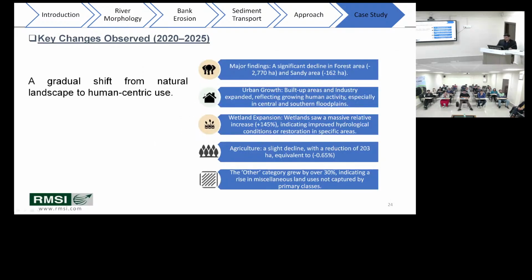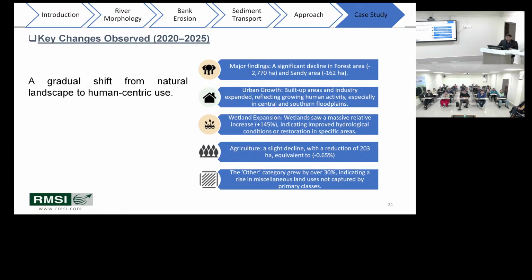Coming to the key observations from the previous tables, we found that there was a significant decline in forest area and sandy area, and urban growth like built-up area, industrial expansion and growing human activities in the central and southern plain.